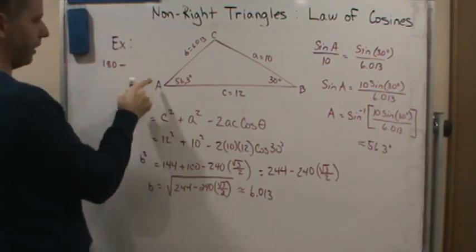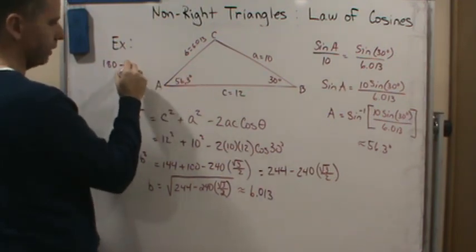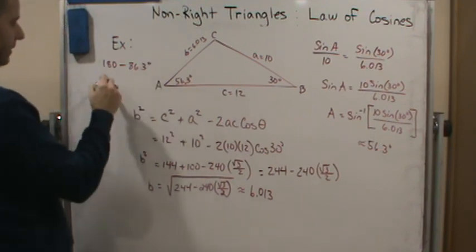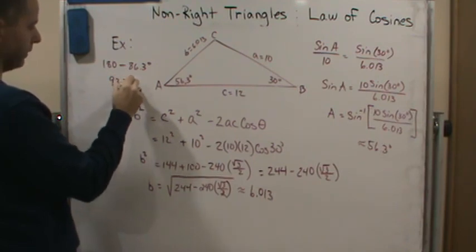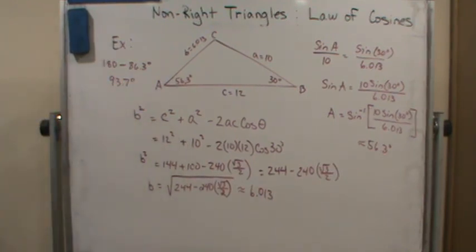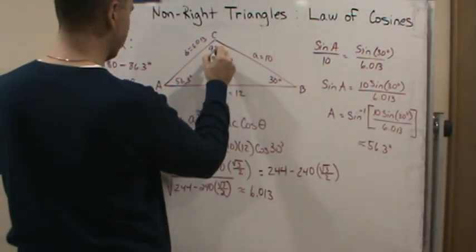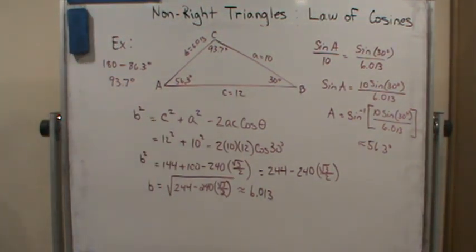If we subtract 86.3 from 180, that gives us 93.7 degrees. And so that means C is 93.7 degrees. And now we have our 3 sides and our 3 angles calculated.